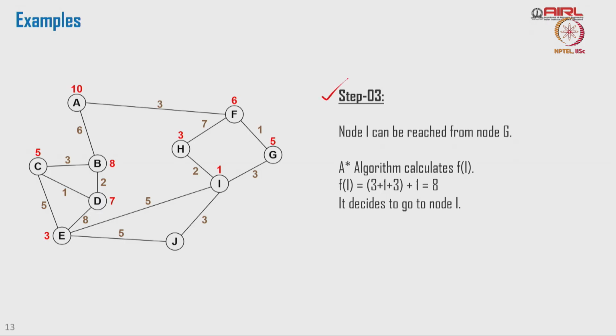In step 3, from G it can go only to I in the forward direction. So, node I can be reached from node G, and I has a total cost of 8.